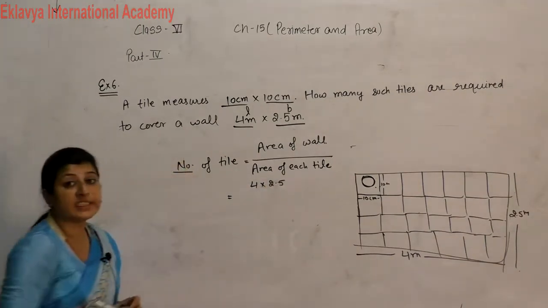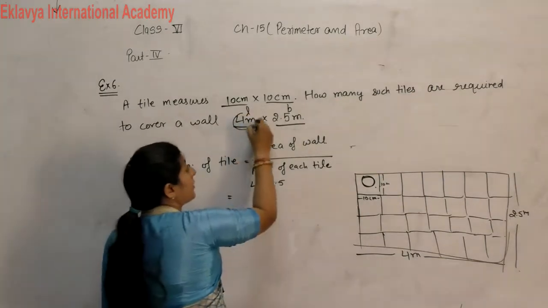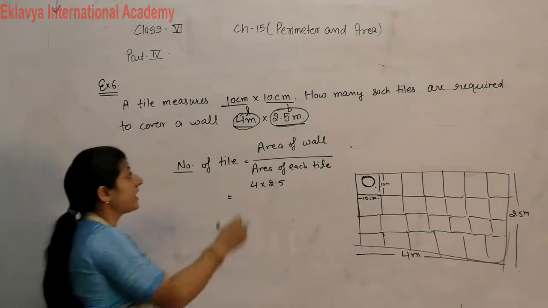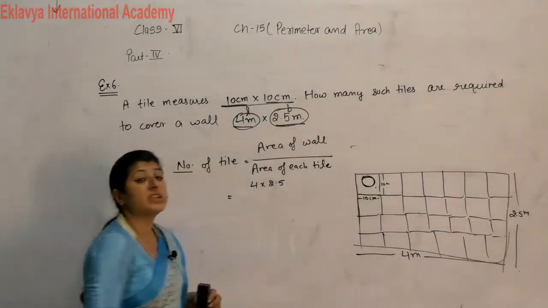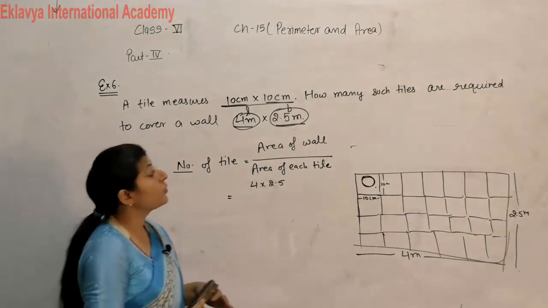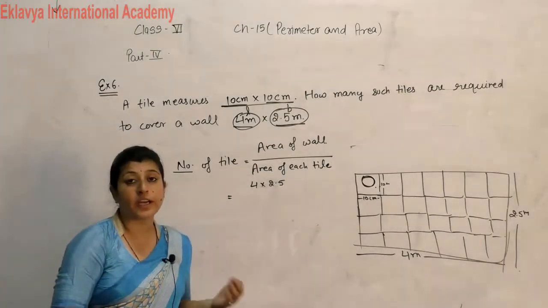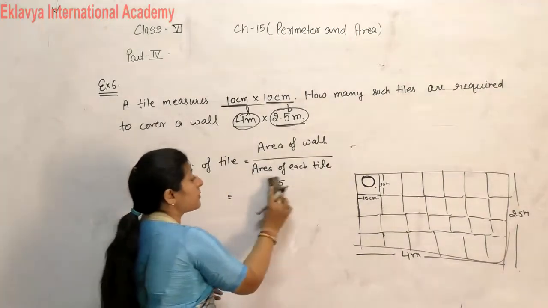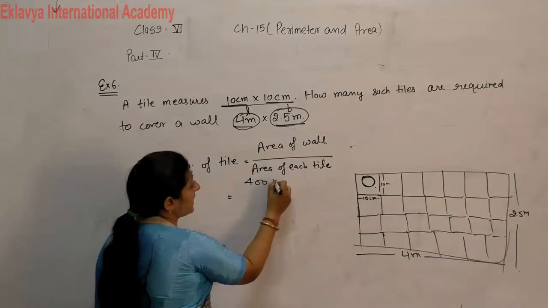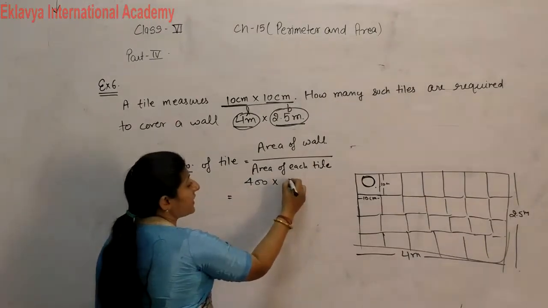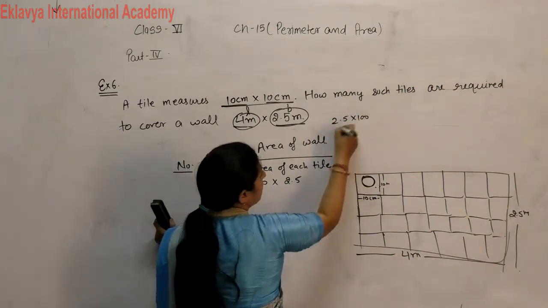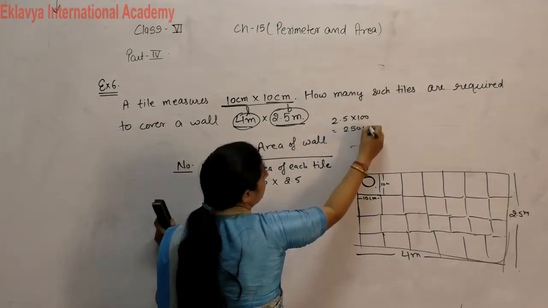Now see one thing, here the unit is meter. In the tiles you have the unit centimeter. It's your wish which one you want to convert into the other unit. Suppose I convert this: 4 meter is equal to 400 centimeter, and 2.5 meter is equal to 2.5 multiplied by 100, that is 250 centimeter.